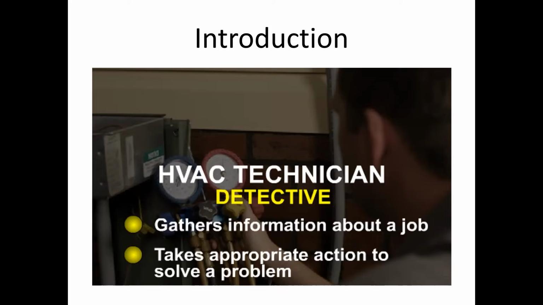So that's what we do, right? We get out to a job, we gather information about that job, we take that information and we use that to then take appropriate steps to solve a problem. And sometimes solving that problem is to repair or replace a component. And then we stop there.